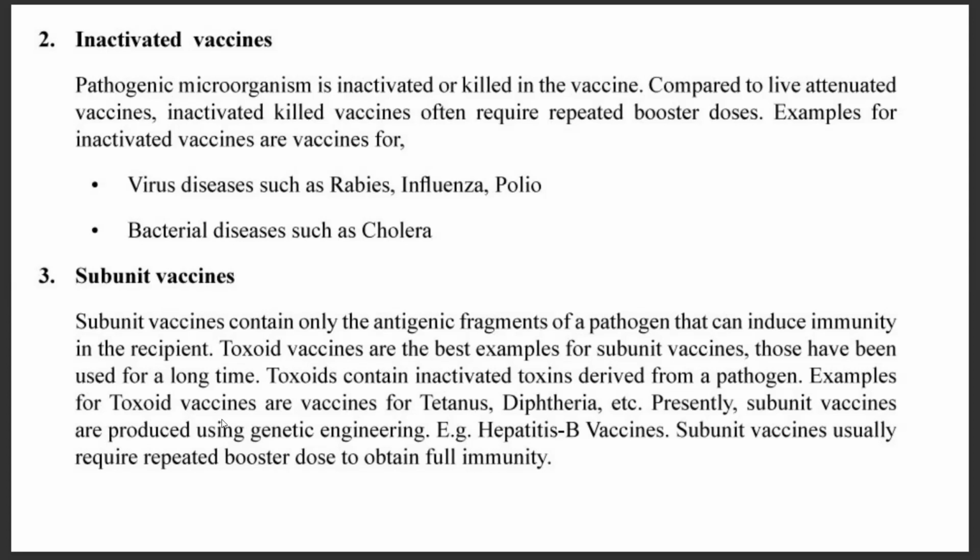Examples for toxoid vaccine are vaccines for tetanus, diphtheria, etc. Presently, subunit vaccines are produced using genetic engineering. Example, hepatitis B vaccine. Subunit vaccines usually require repeated booster dose to obtain full immunity. Okay? Hari neda?